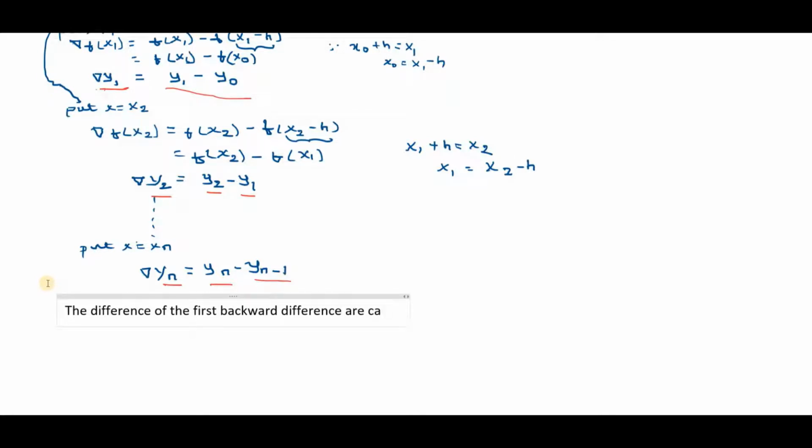It is called the second backward difference, and is denoted by del square f of x, and is defined as follows.